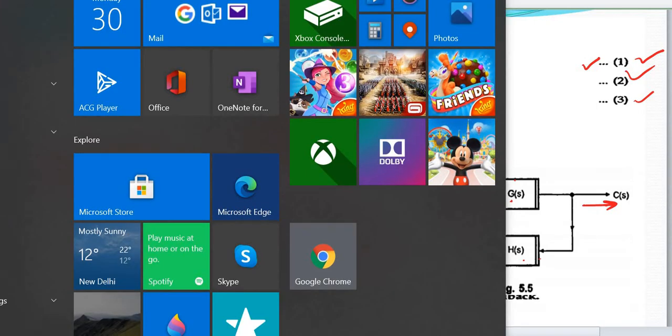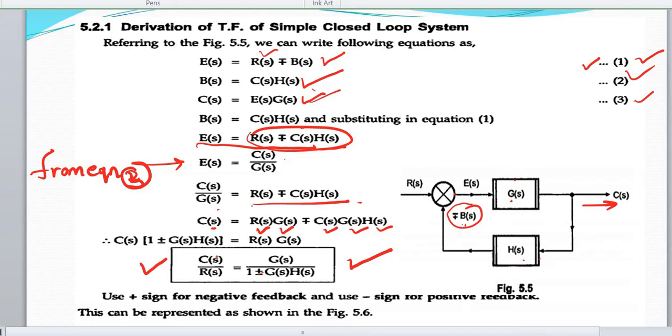Remember, the transfer function C(s)/R(s) is G(s), that is the equivalent forward path transfer function, divided by 1 plus or minus. That is, if the feedback signal is minus, then we have plus here. If the feedback signal is plus, we have minus here.